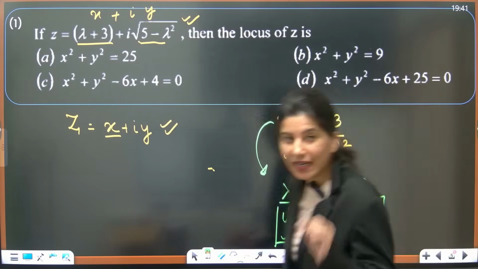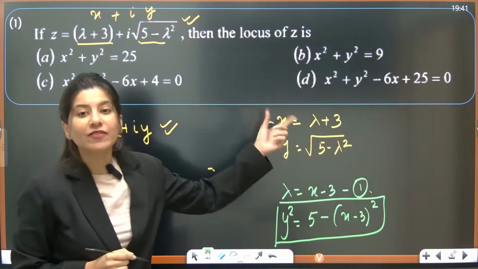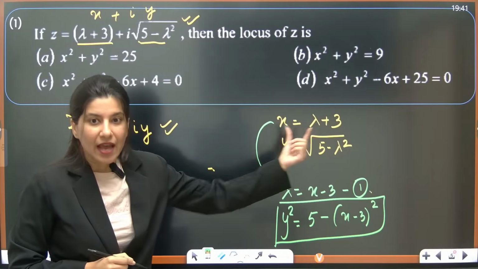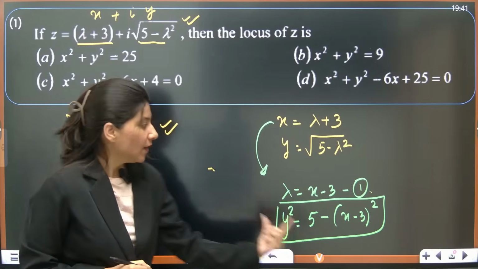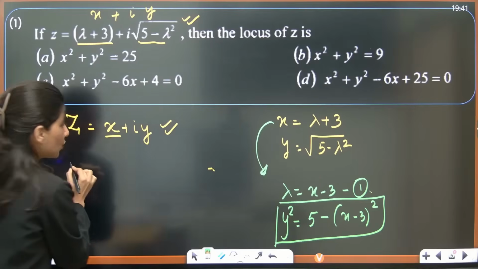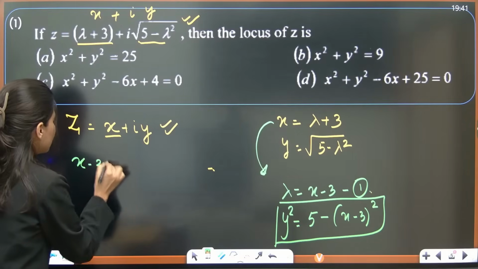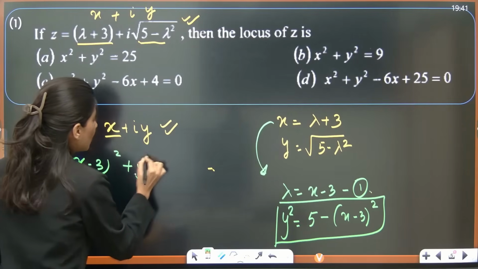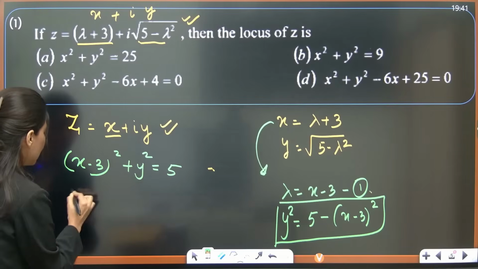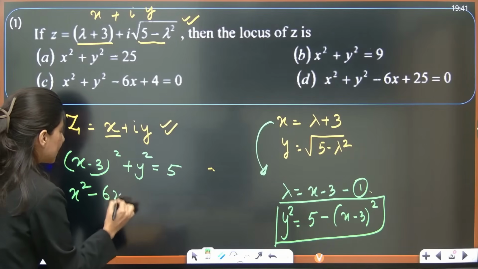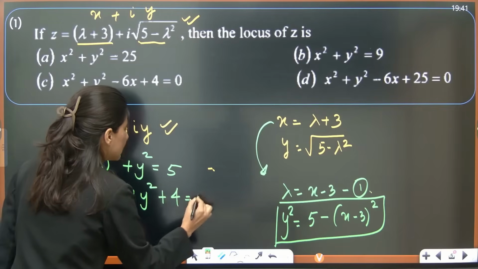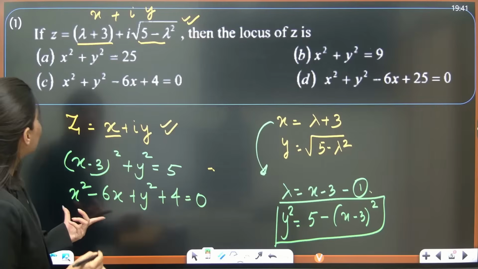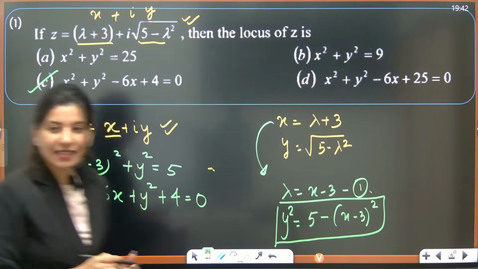I have obtained the value of lambda from this equation and I have substituted it in the second equation. Okay, so if I solve this, what will I get? x minus 3 whole square plus y square equals 5. Now open it. x square minus 6x plus y square plus 4 equals 0. So the correct answer of this question is option C.